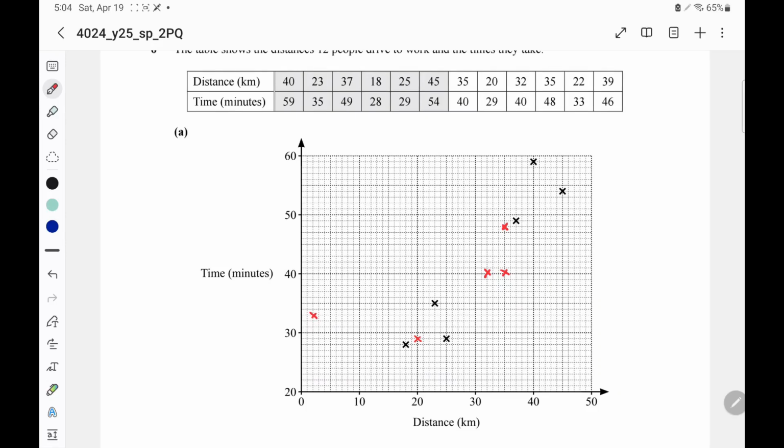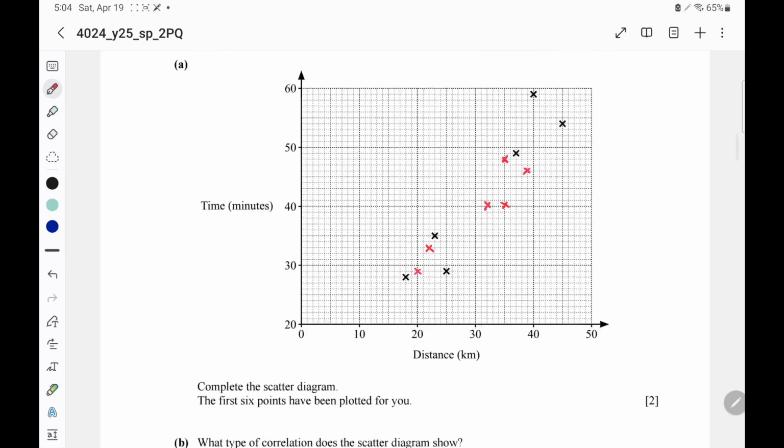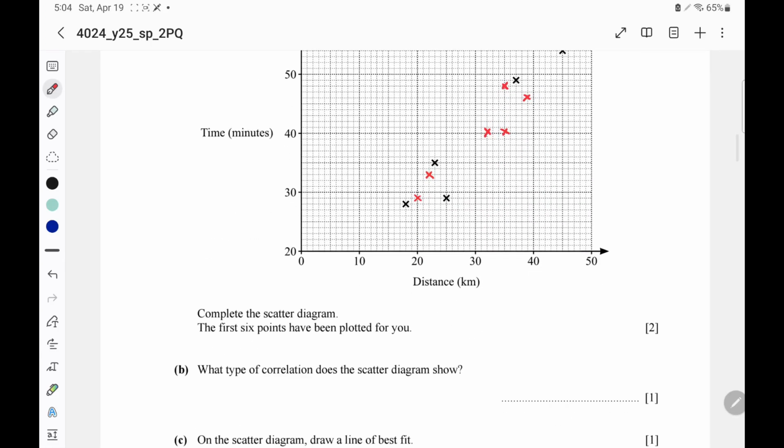Sorry, it's not 22 and 33, so after 20, 22 and 33 is this point. Now the last point is 39 and 46. Okay, these are the points I've plotted for part A.